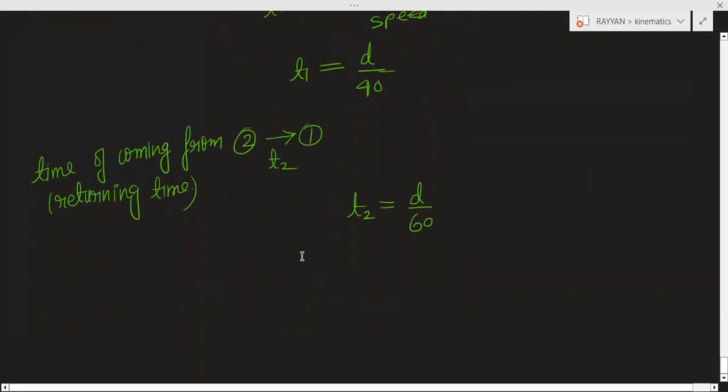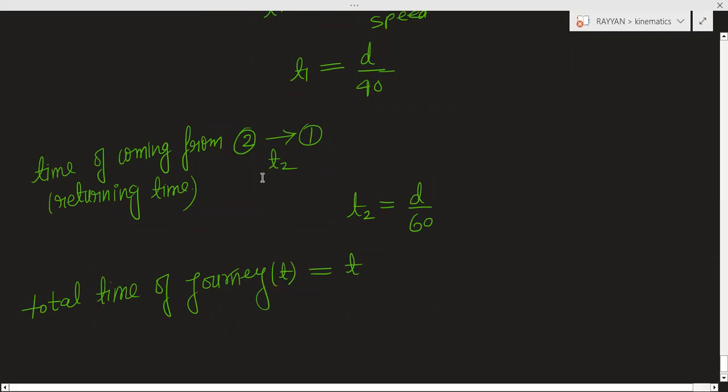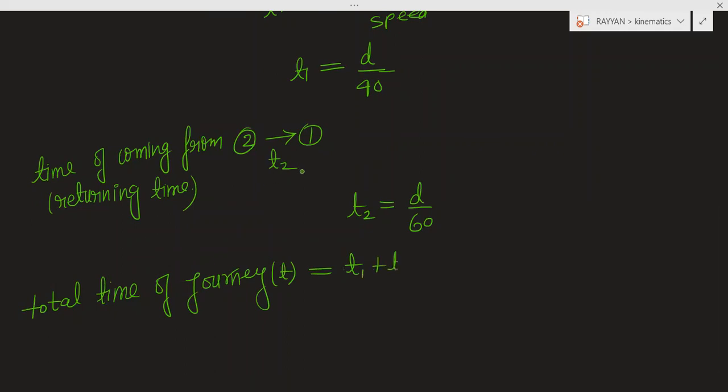Now, what is the total time of the journey? We have assumed it as T, which is equal to the time of going from station 1 to 2 plus the time of returning from station 2 to 1. So it will be T1 plus T2. T1 is D by 40 and T2 is D by 60.